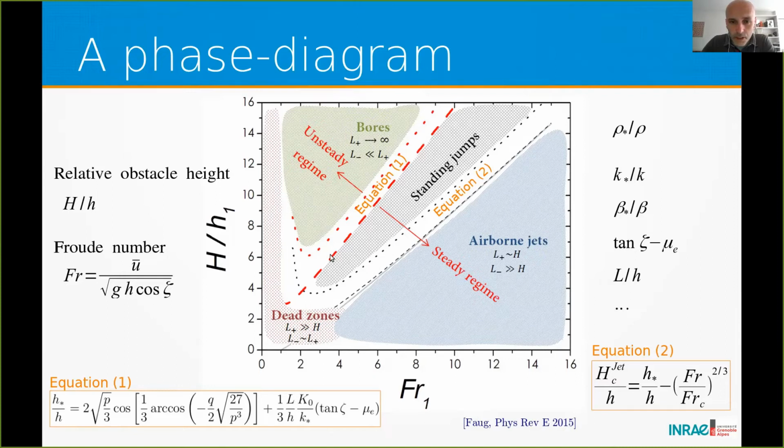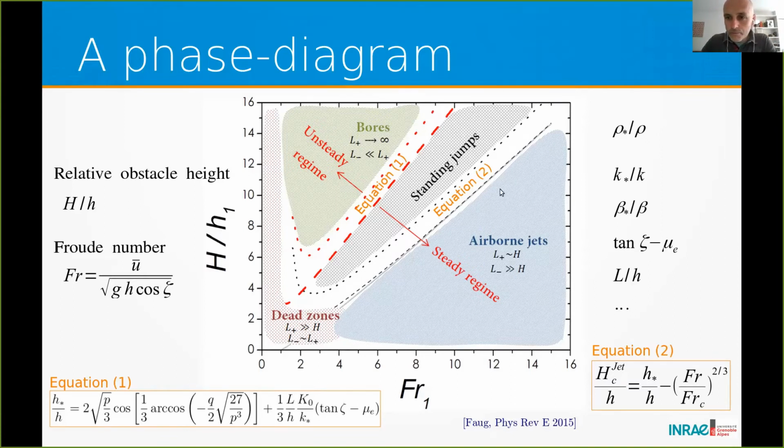I plot equation 1 for a given set of parameters for tangent of the slope, the effective friction, and so on, the length of the jump, the density variation. So there is some possible variation of this line depending on the choice of the parameters. I plot the other equation here, which is lower than the first one, which gives a prediction lower than the first one. And then I can define the frontiers between different zones where I have different flow wall interaction regimes.